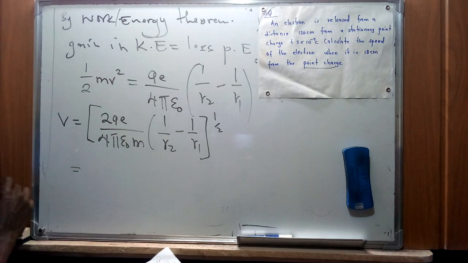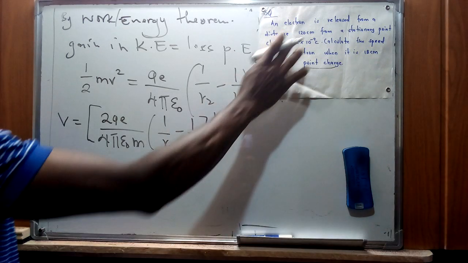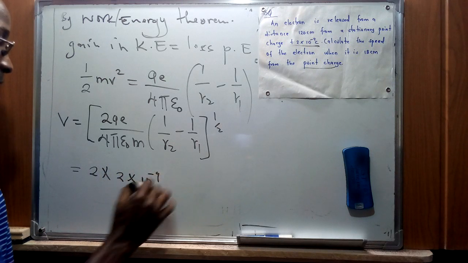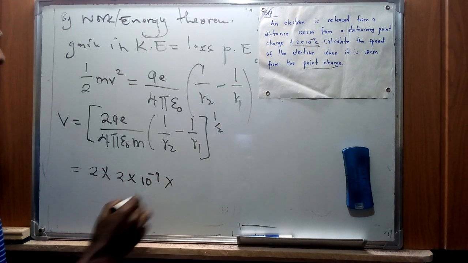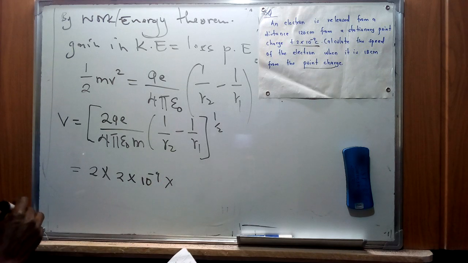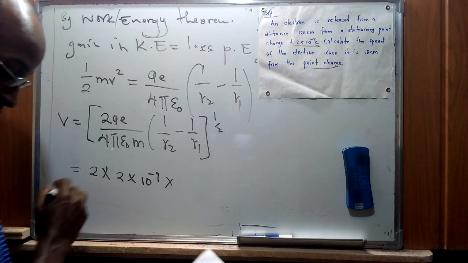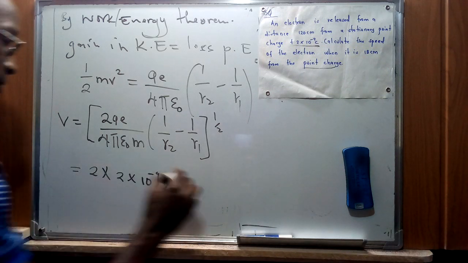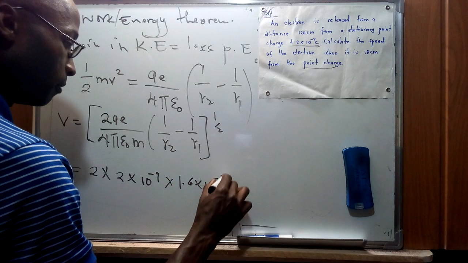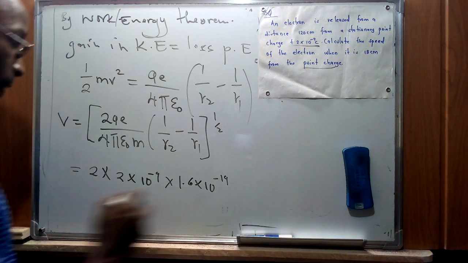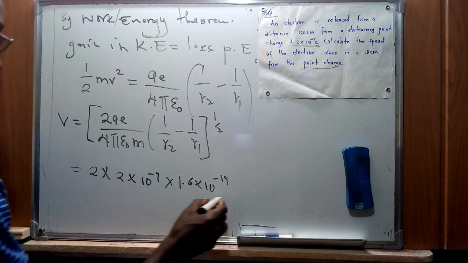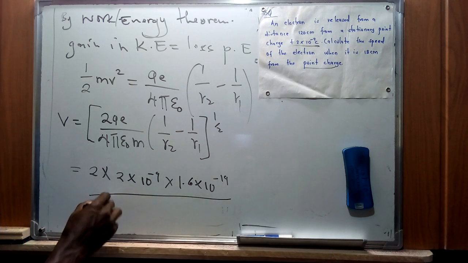Now if we do a substitution in this, we're going to have 2 times Q, which is 2 times 10 negative 9 coulombs, times E. The value for E we said is an electron charge, which is 1.6 times 10 negative 19 coulombs. So that one divided by 4.